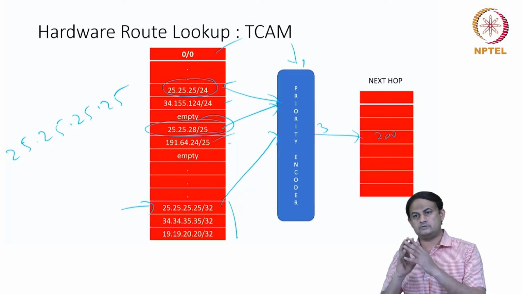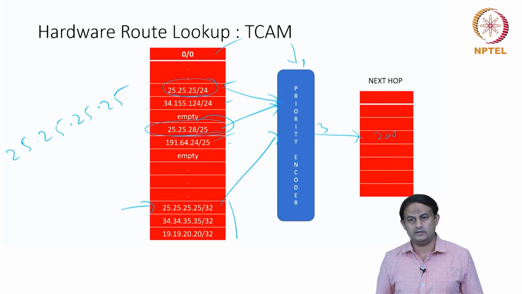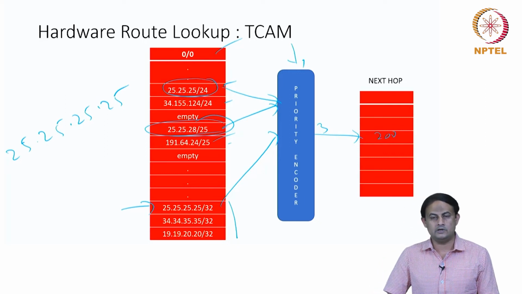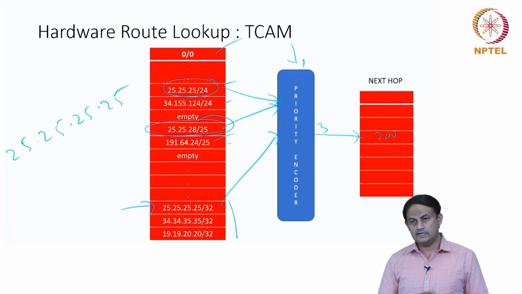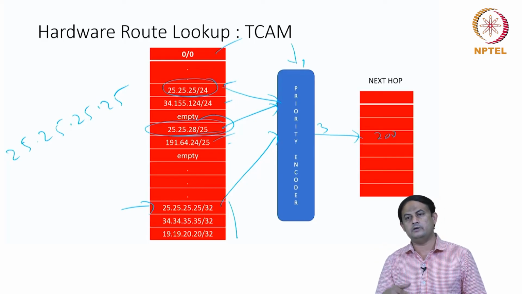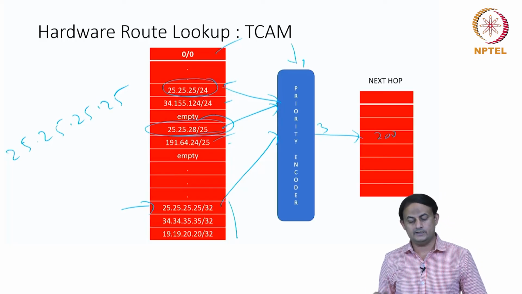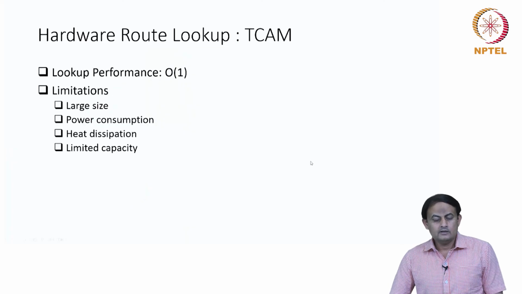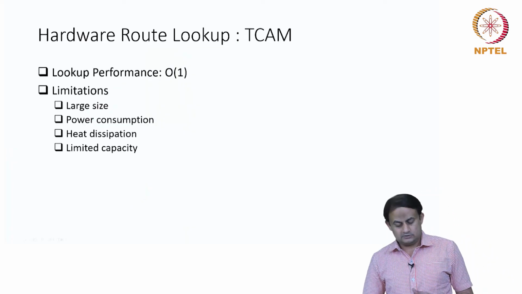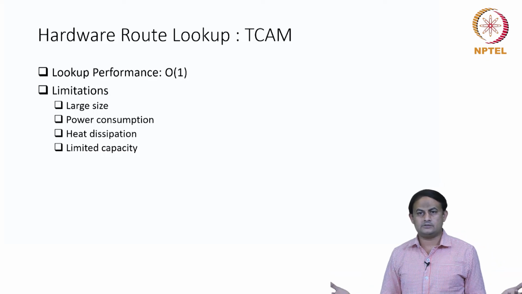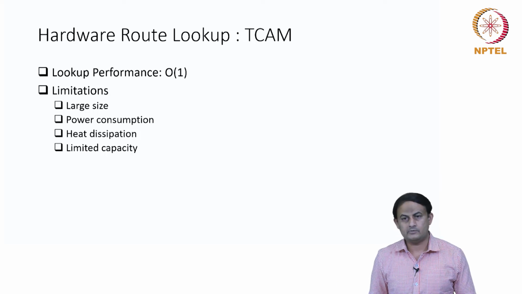All those entries will be fed into the priority encoder, and that encoder will figure out which is the longest prefix that is matched, and then it will indicate the index number of the highest priority entry in the table with which you need to make the routing or forwarding decision. So this is a nice feature. The lookup operation is done in constant time, of the order of 1. Now the problem is solved.